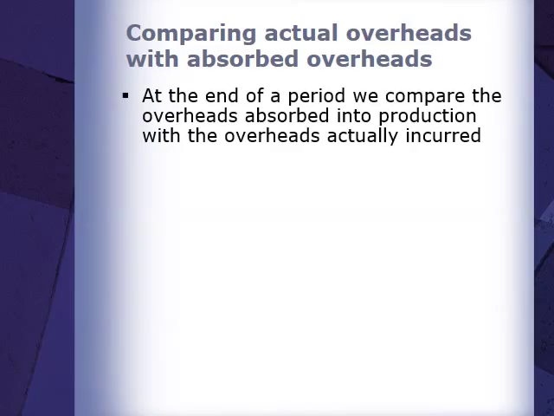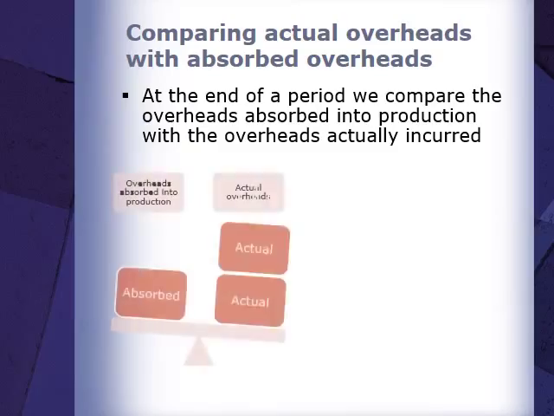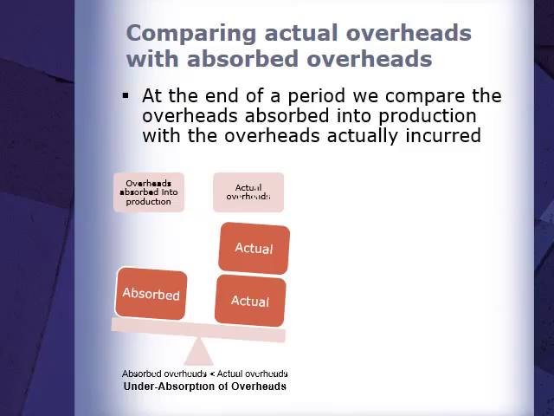Now, at the end of a period, we'll compare the overheads that we've absorbed into production with the overheads that we've actually incurred, and one of two situations will arise. First of all, we might find that our actual overheads are greater than the overheads that are absorbed into production. In this situation, our absorbed overheads are less than actual overheads, and we say that we have under-absorbed the overheads.